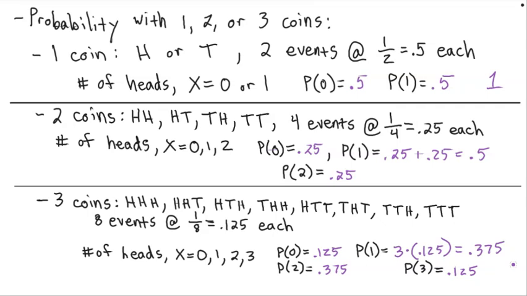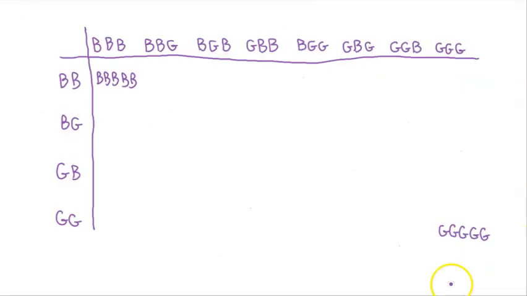This can also be applied to the situation of, let's say, somebody has 5 children, and we want to know whether each child is a boy or a girl based on their birth order. Without getting too crazy, this is basically the chart that we would fill out with 5 boys up here in the top left and 5 girls down here in the bottom right.